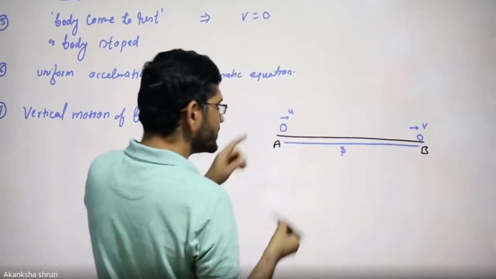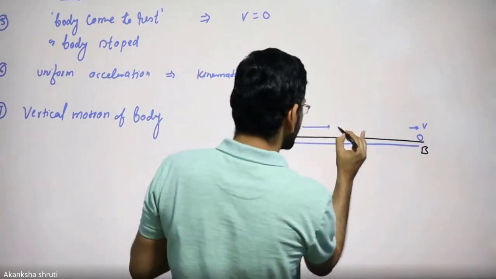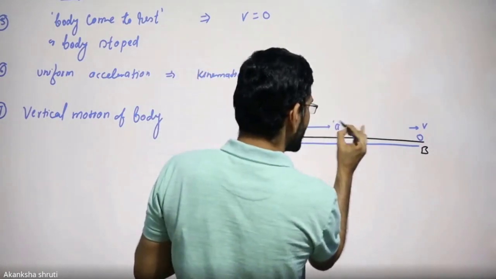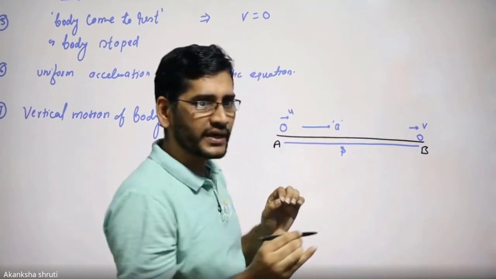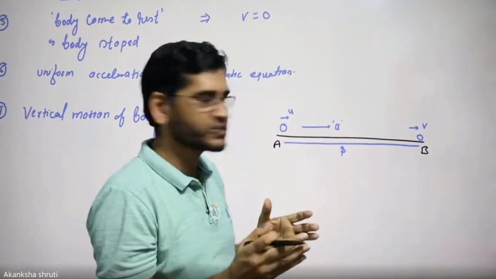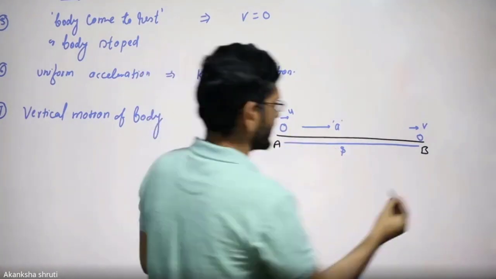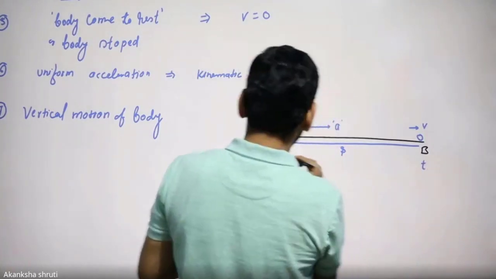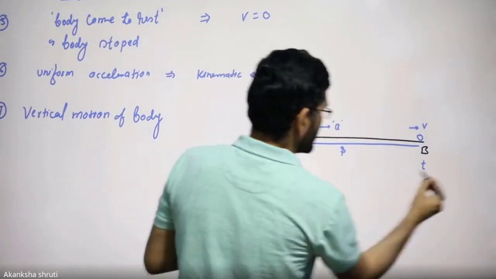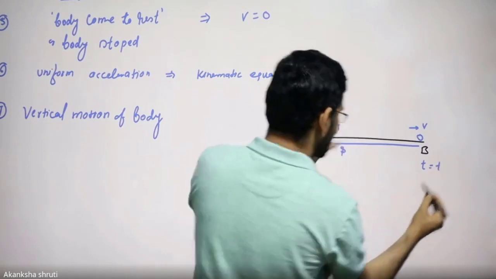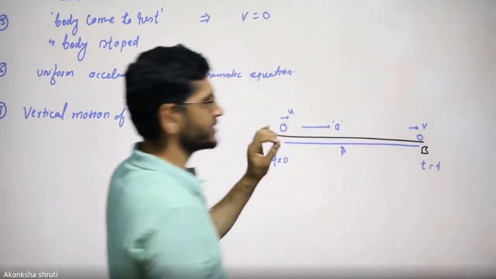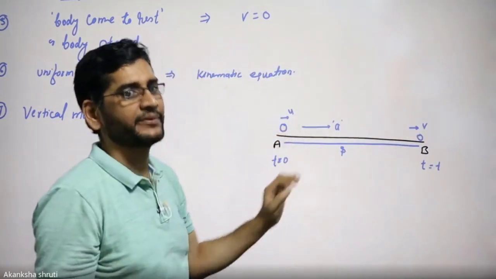During this motion the acceleration has some value, depending on how much force you are applying. This is the time t when it reaches B. This was the general horizontal situation that we have explained and derived.